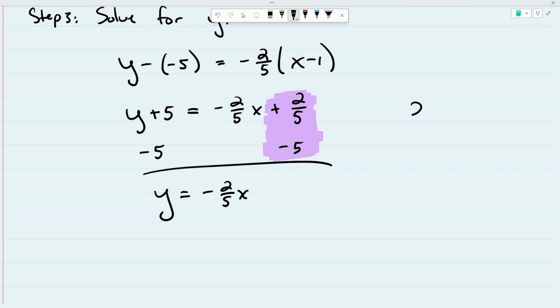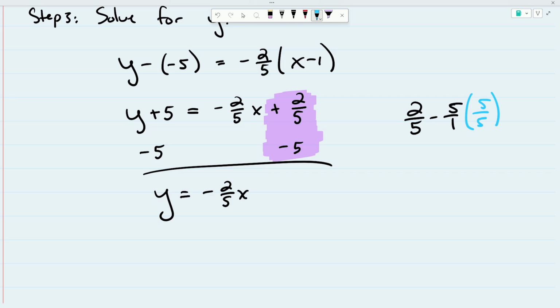Okay? So we have 2 over 5 minus 5 over 1. And remember, in order to subtract fractions, you must have a common denominator. So I need to build equivalent fractions here. I already have a denominator of 5, and the other denominator, fortunately for us, is a number 1, which means I can easily find a common denominator just by taking the second fraction and multiplying it by 5 over 5.